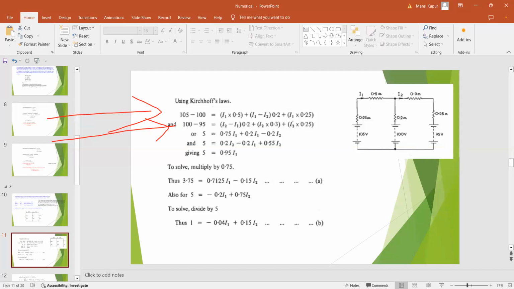In the first expression you have written minus 105 plus I1 into 0.025 plus I1 into 0.05 plus I1 minus I2 into 0.2 plus 100 equal to 0. So keep all the I1 and I2 terms on the left side and move 105 and 100 to the other side of the equal sign. It will be the same as what is written on the screen.